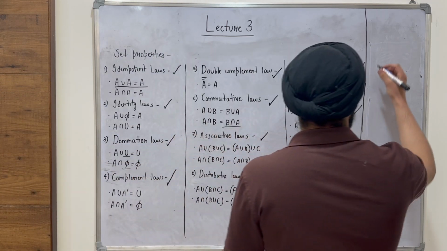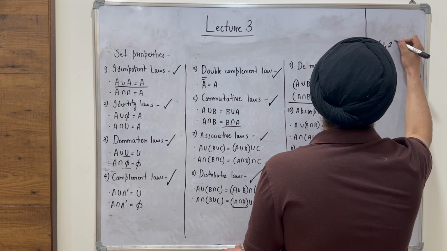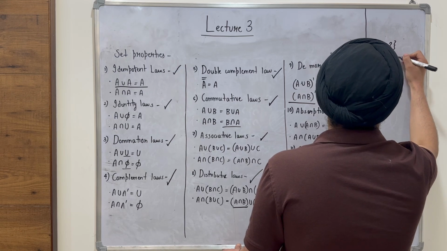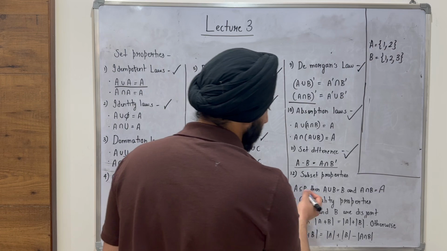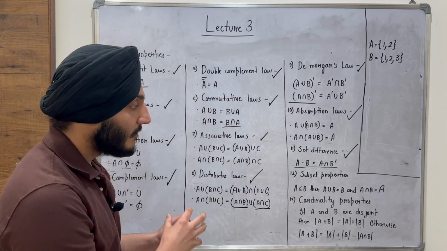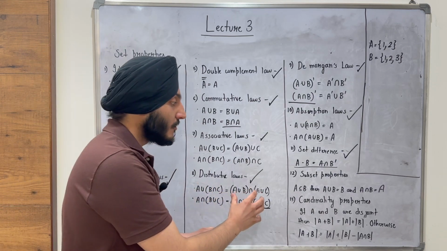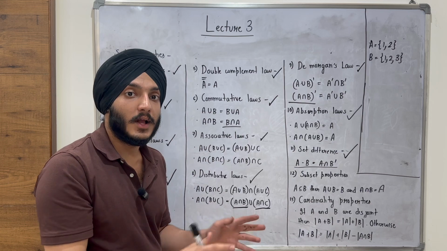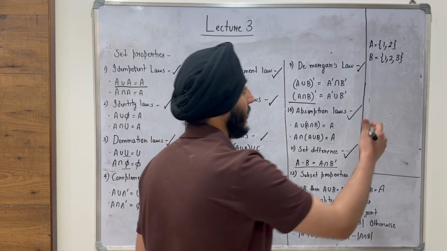So let's say I have A equals {1, 2} and B equals {1, 2, 3}, right? It says if A is a subset of B, subset meaning all the elements of A are in B. So think about it, all the elements of A are already in B. If I take the union of both the sets, which is combining all the elements together, it would simply result in the set B over here.